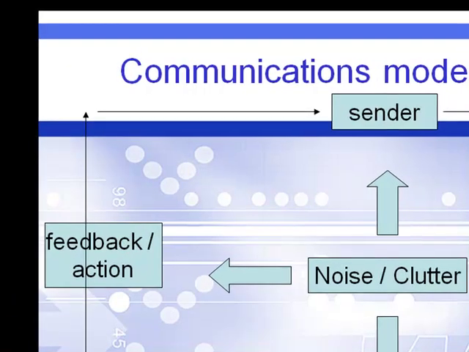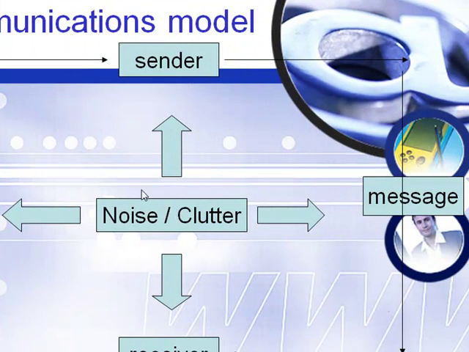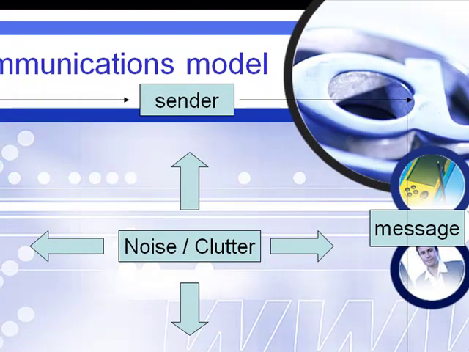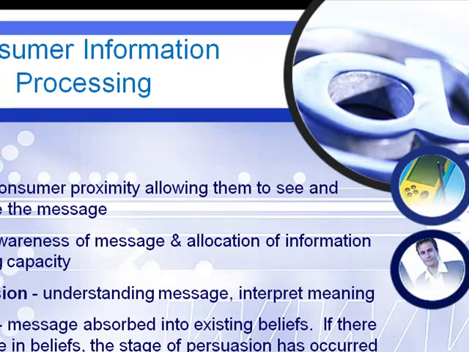So, through all this noise and clutter and all these other bits of information, you have to get your message through, and this is why very often you have to be more innovative than just advertising on a big billboard or on TV.